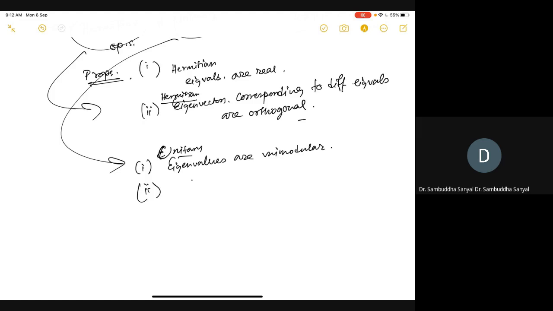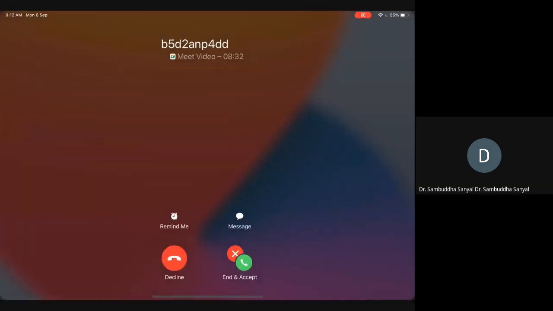The eigenvectors... oops, why am I getting a call. Oops, just a moment, let me see.